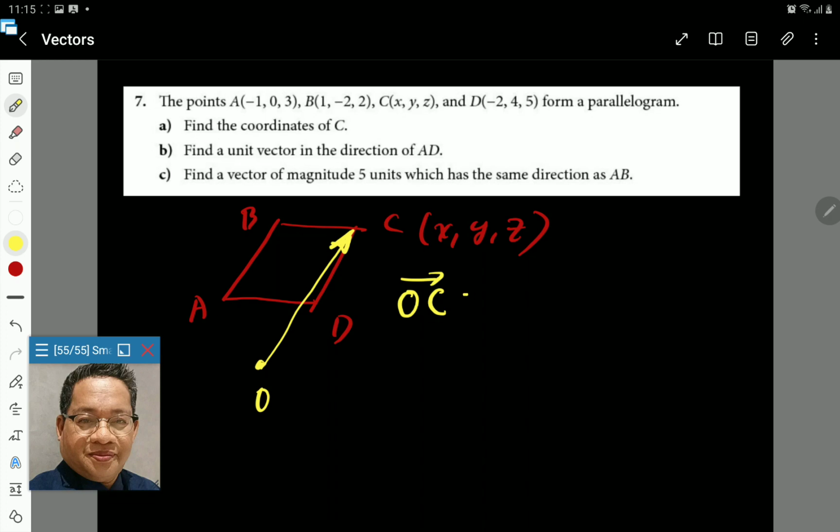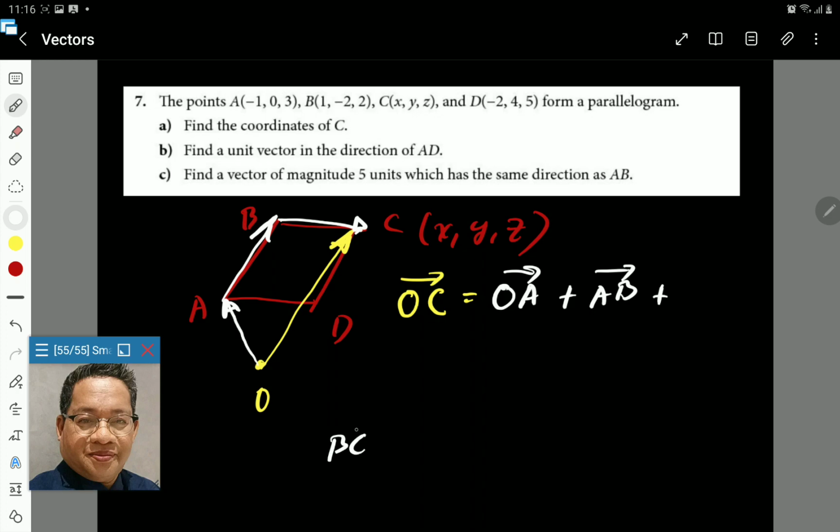And how shall we go to that vector OC? You can just look at and follow exactly the examples from the previous video. But basically from O, you're going to go to A, then go to B, so this one, AB, then you go to BC.